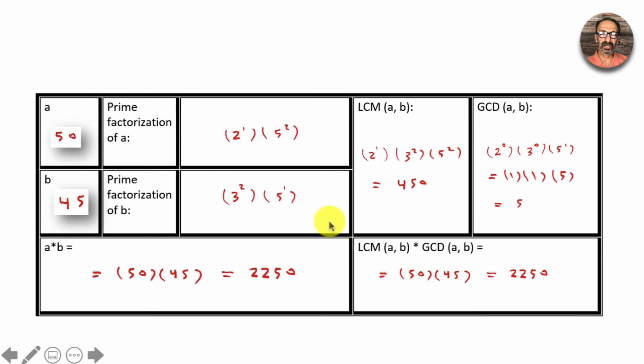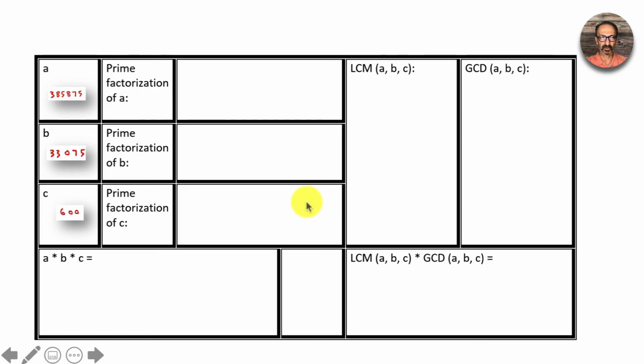Now, here's a homework problem. This was in the homework in our textbook, but was not given as A and B and C. It was given as the prime factorization this way. So I multiply them together, and the numbers that I have as A and B and C in standard mode are on the left.